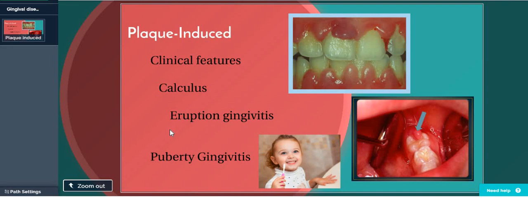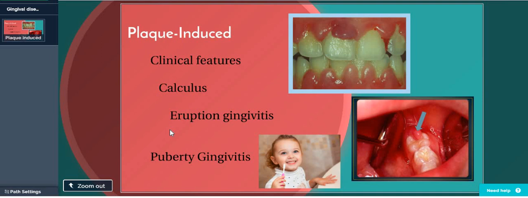Chronic gingivitis in children is characterized by loss of collagen in the area around the junctional epithelium and the predominance of plasma cells and neutrophils. Calculus deposits are uncommon in infants and toddlers, but may increase with age.